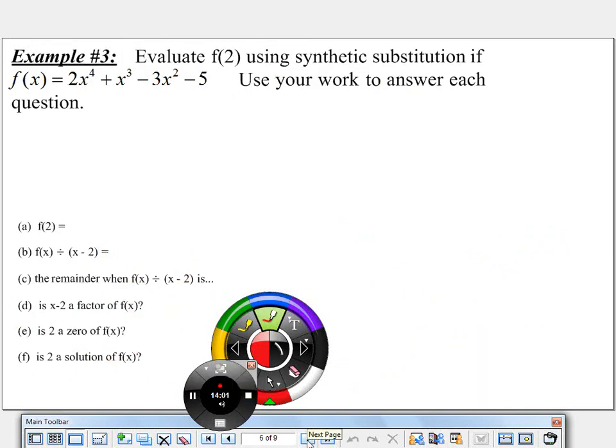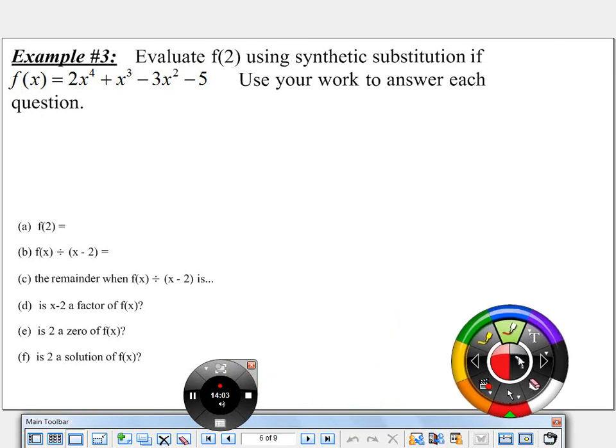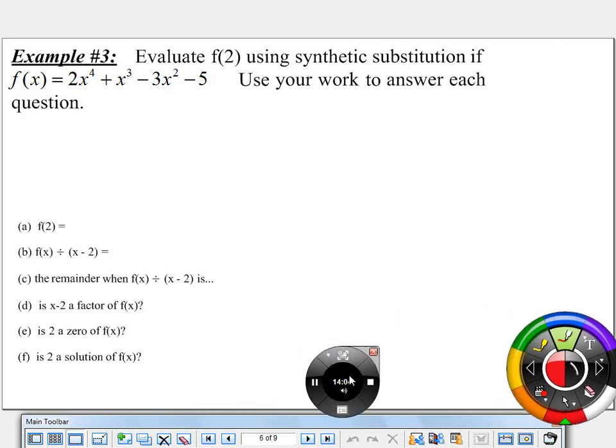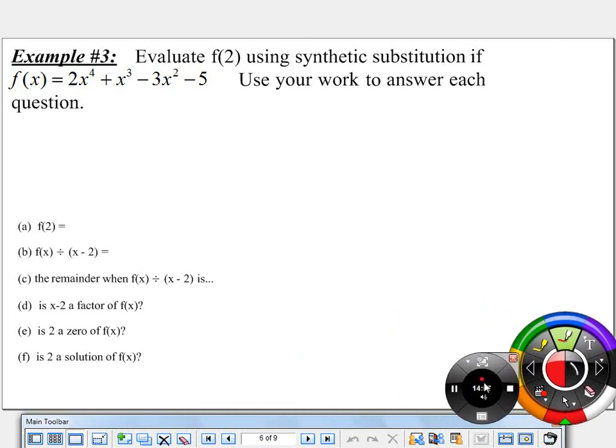Okay, so why is this important? What do we want to do? So notice here it says to use f of 2 using synthetic substitution. So I'm going to show you guys 2 things. Normally you would calculate f of 2 by taking the f function and plugging 2 in wherever x is. Okay?